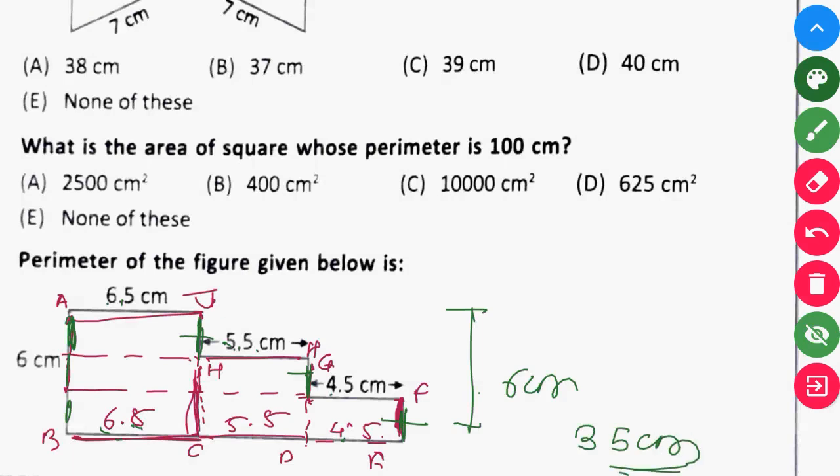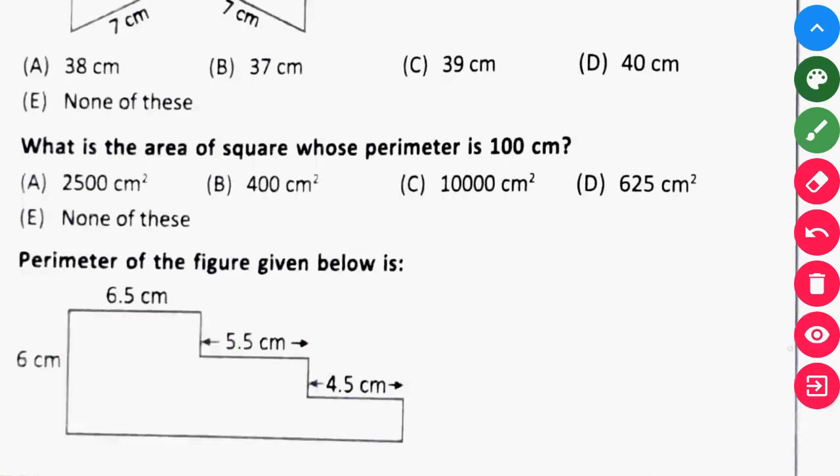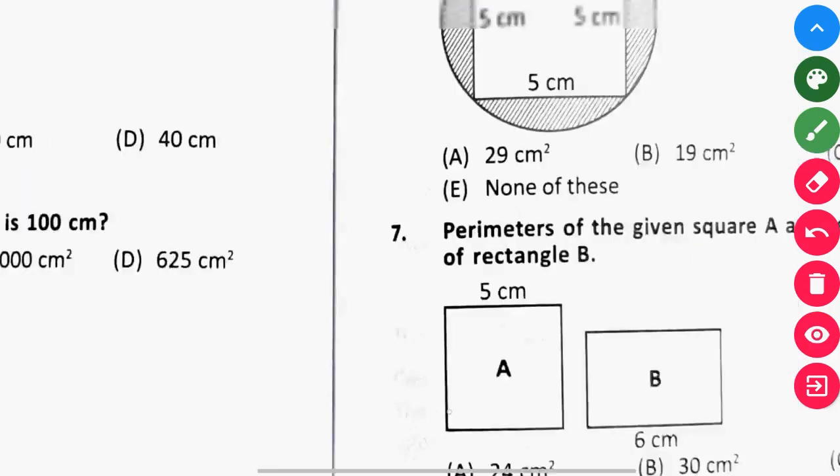You can add it on paper also. Okay. See, we don't know the length of this portion, but we know this is equal to this is equal to this, and this is equal to this, and whole this is 6 centimeter. So together these three additions will be taken as 6 centimeter. So our total perimeter is 35 centimeter.